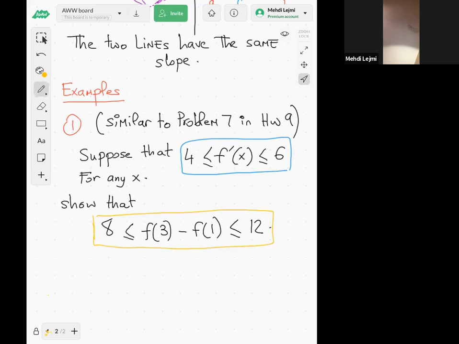So we're going to use, of course, this mean value theorem.